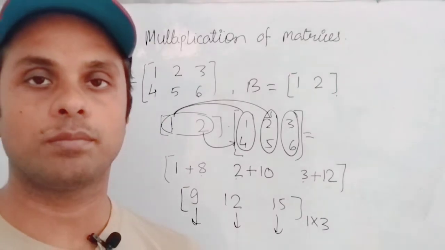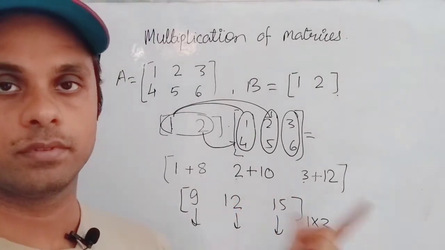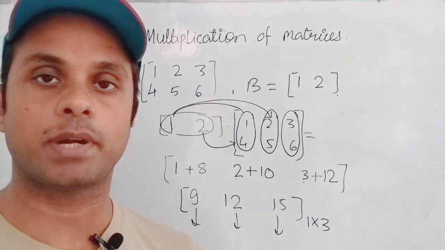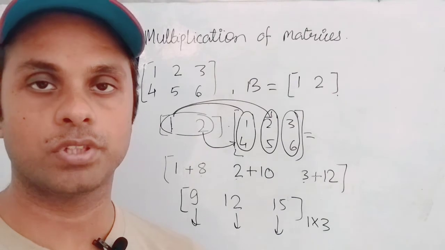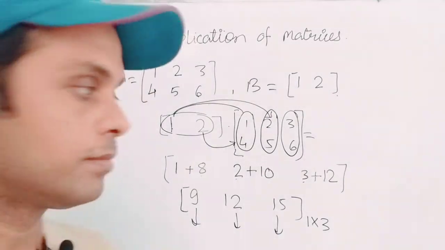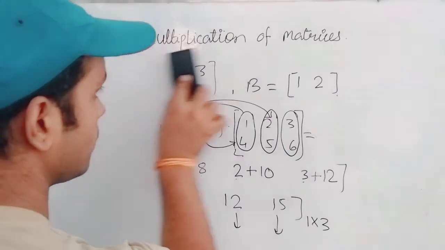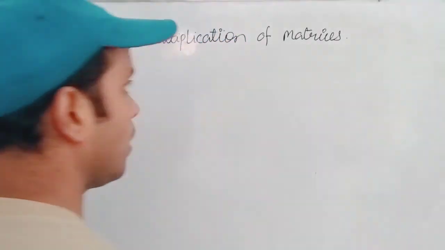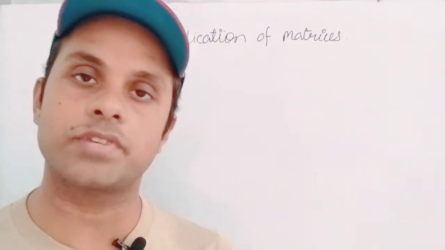Now I am giving one more example. This was the product of matrices which are not square matrices. Now I will give you an example of product of two square matrices. And you know, product of square matrices of same order is always defined.